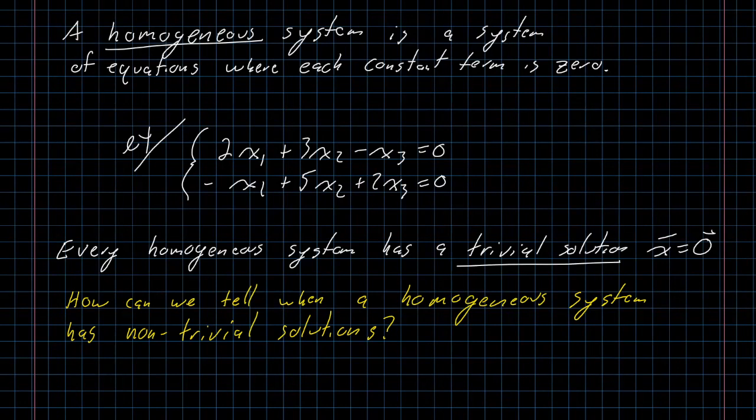That's the thing that we are interested in figuring out. If a homogeneous system has non-trivial solutions, that means that it has infinitely many solutions. And there are absolutely applications, there are absolutely times when we are hoping that it has infinitely many solutions.